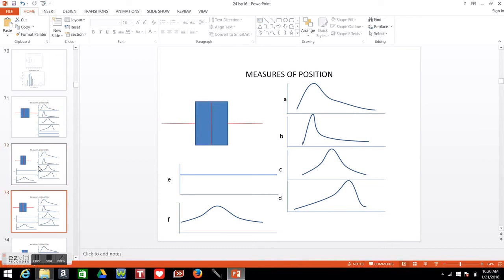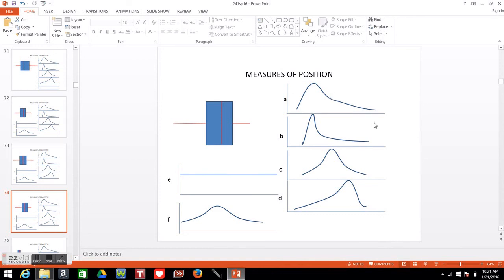So one of these is C and one of these is F. So this one, what do you think? This one is going to be C, and this one is going to be F. Higher density in the middle for C than for F. Now what about this one? What do you think? Think about which density plot this box and whisker plot would go with.